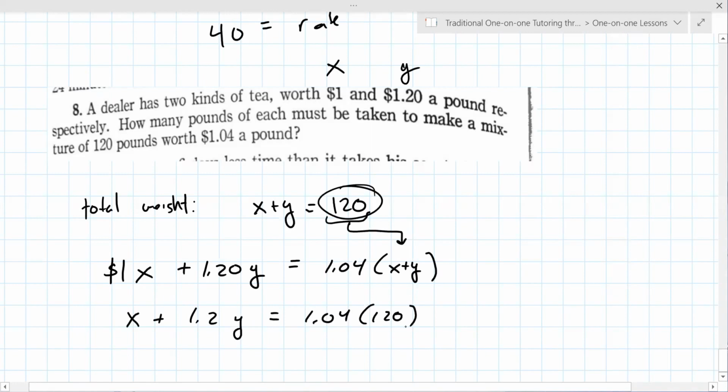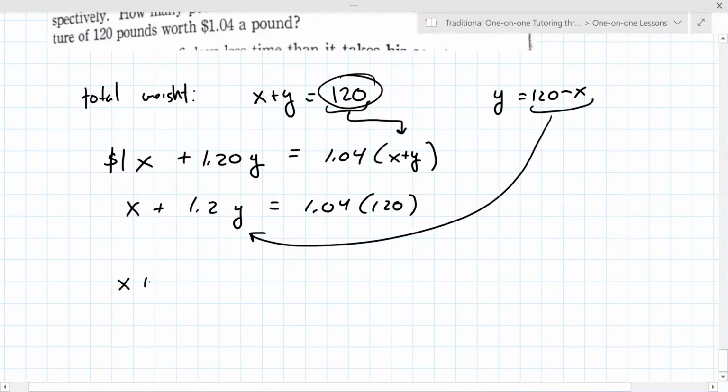And then you just figure out which one of these you want to solve for up here. So Y is equal to 120 minus X, and we're going to use that down here. So it'll be X plus 1.2 times 120 minus X equals 1.04 times 120.